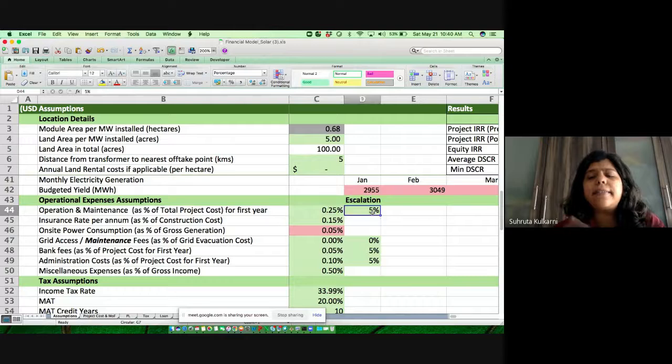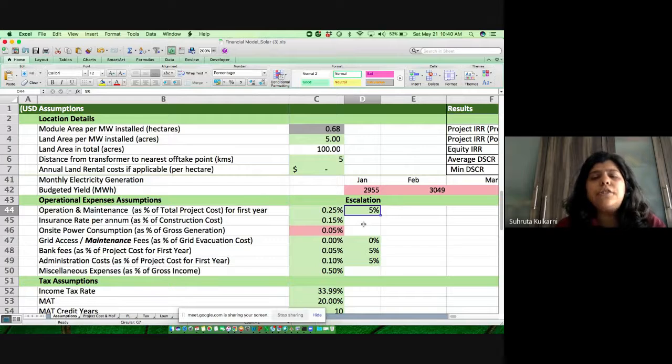Then escalation. Every year things escalate at a price, so both your revenues and your expenses will escalate. It is better to err on the side where you take a safety factor. Instead of 5% escalation, I will look at my inflation indexes and index it accordingly.